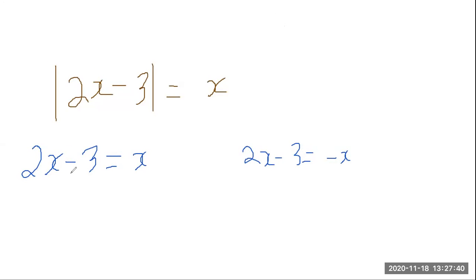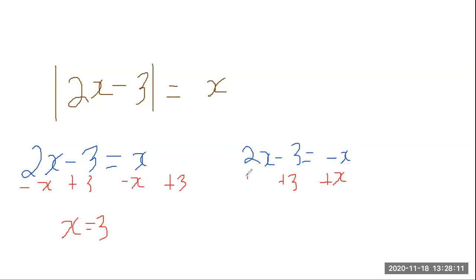So with that, I'll do plus 3, right? And then I'll do minus x, and I'll do plus 3. And this is a minus x as well. So then 2x minus x is x. This is 0, that's 0, x is equal to 3. And then it's the same thing on this side.